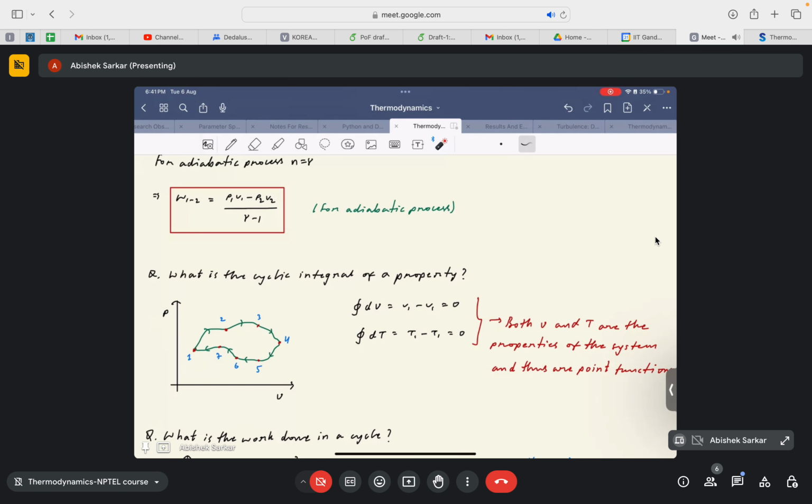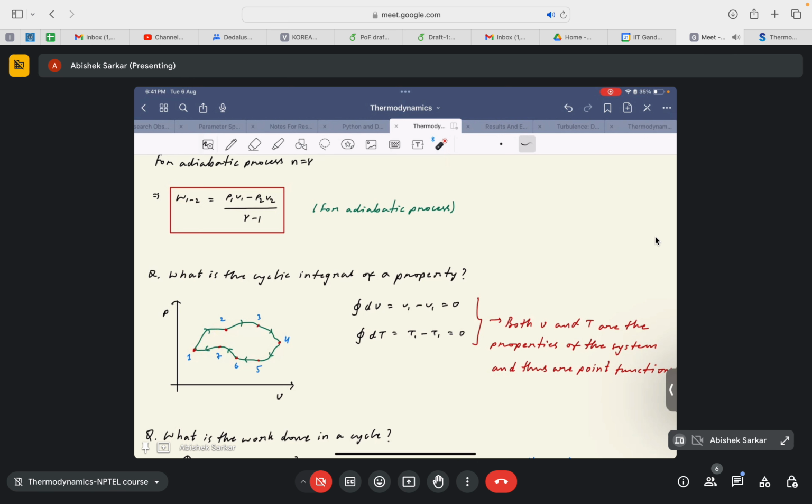So what is the cyclic integral of a property? Since properties are state functions or point functions, they depend only on the value of the property at the particular state points. A cyclic integral means we start from an initial point, and after doing the entire process, we come back to the initial point.